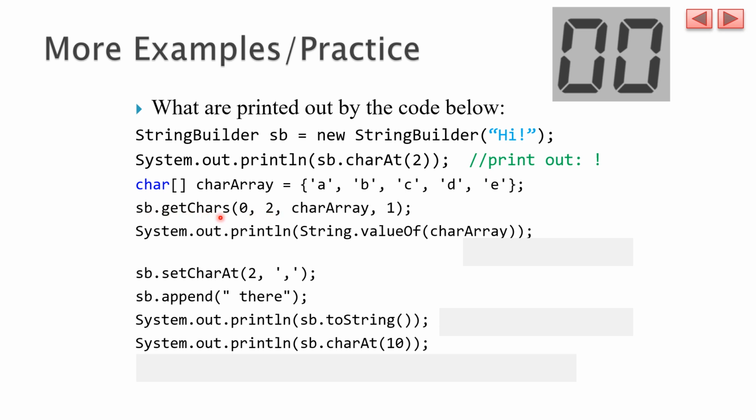So in this call to method getChars, it copies characters from index 0 to index 1 of StringBuilder sb, because 1 equals 2 minus 1.